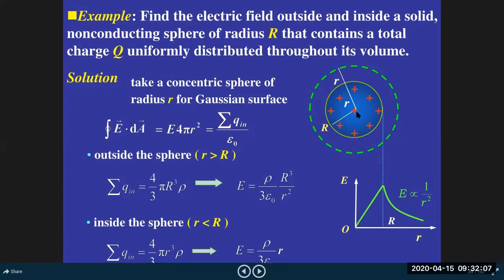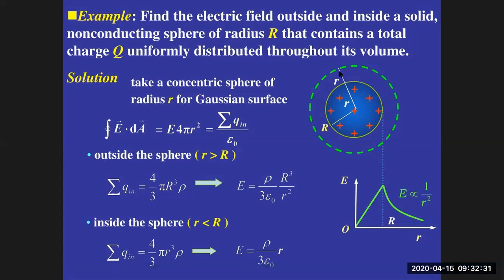Say small r is the distance from the center of the solid sphere, and small r is greater than capital R, the radius of the sphere itself. Then the point will be outside the sphere. So now we find the electric field at a point outside the sphere.